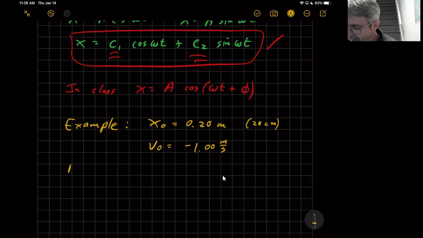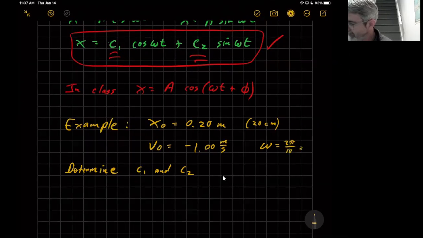Okay, so let's determine what the specific solution would be for this case. Let's determine essentially C1 and C2 for this case. And let's throw in some more things. Let's just say omega is 2 pi over the period.